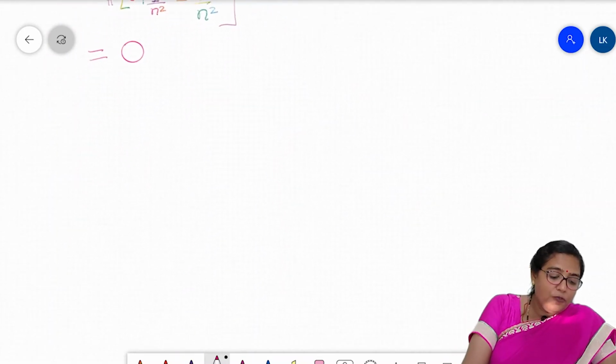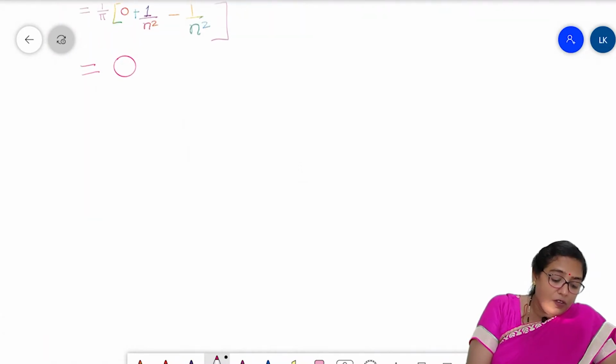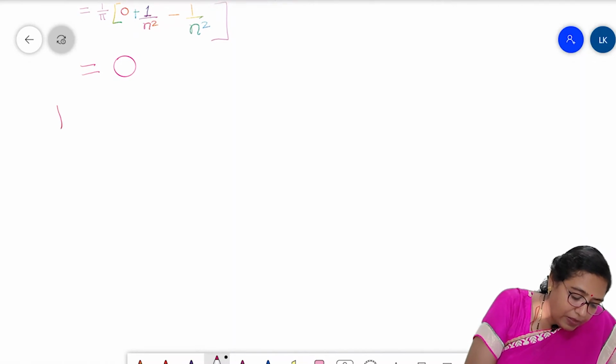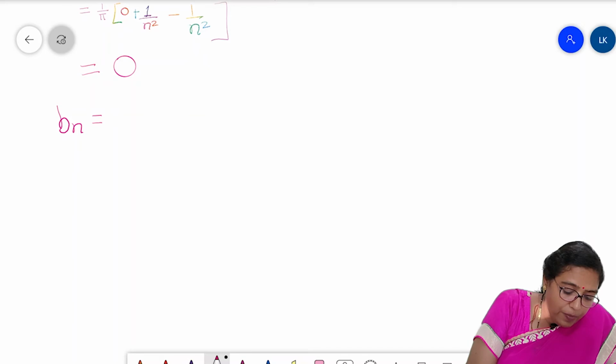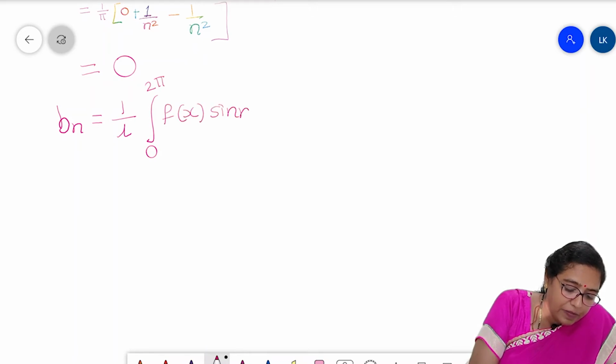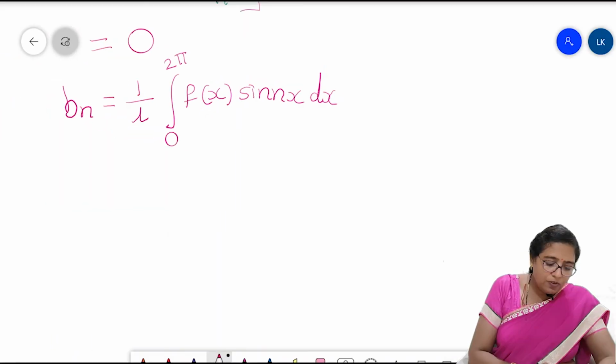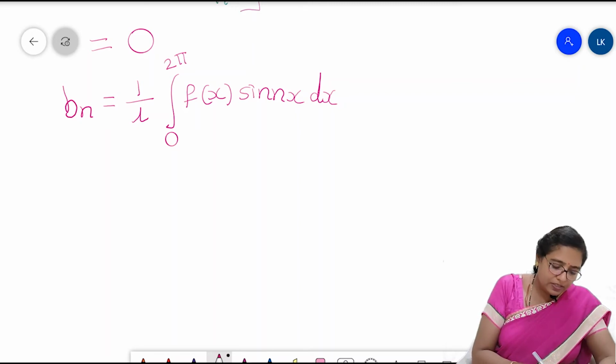Now, we would like to find the value of b_n. b_n is equal to 1 upon l integration, its limit is 0 to 2 pi f(x) sin nx dx. Now, the formula of b_n is 1 upon l integral 0 to 2 pi f(x) sin nx dx.